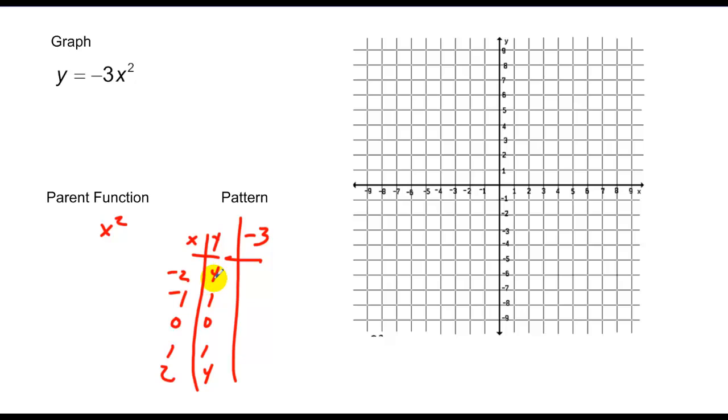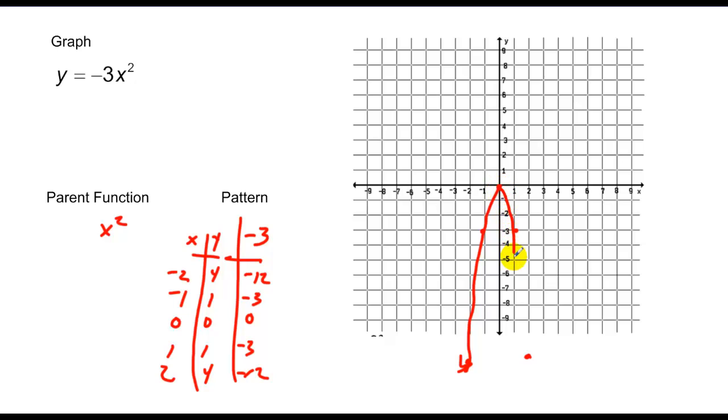When I multiply these values by -3, I get -12, -3, 0, -3, -12. So you'll notice in this case, if I graph these points, -2, -12, it's way down here. 1, -3, -1, -3. I get also a much steeper graph.